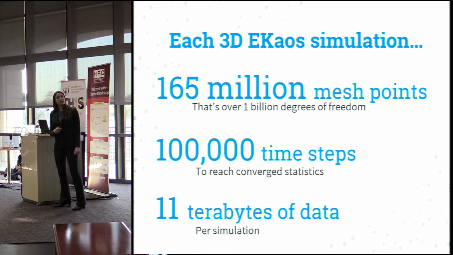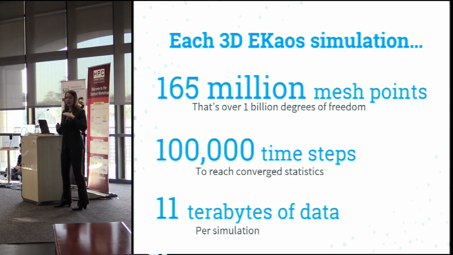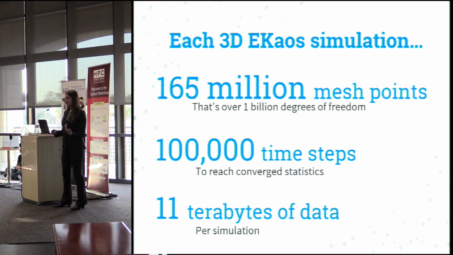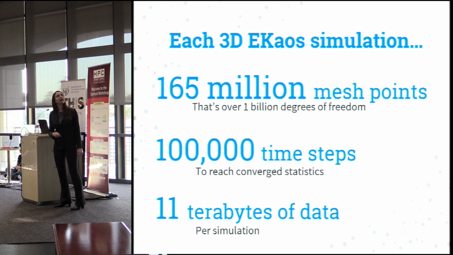So how large are these 3D simulations? In this current version of the code, in order to basically run one complete simulation where we have enough statistics to determine these average quantities, we use 165 million mesh points. That's over 1 billion degrees of freedom because we have 7 variables that we're identifying.